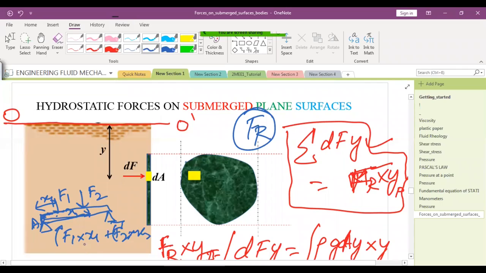अगर मान लो इसका मैं resultant ले लूं, इसको equivalently बना दूं, ये F और ये distance मान लो x पे act कर रहा है, तो ये क्या होगा?